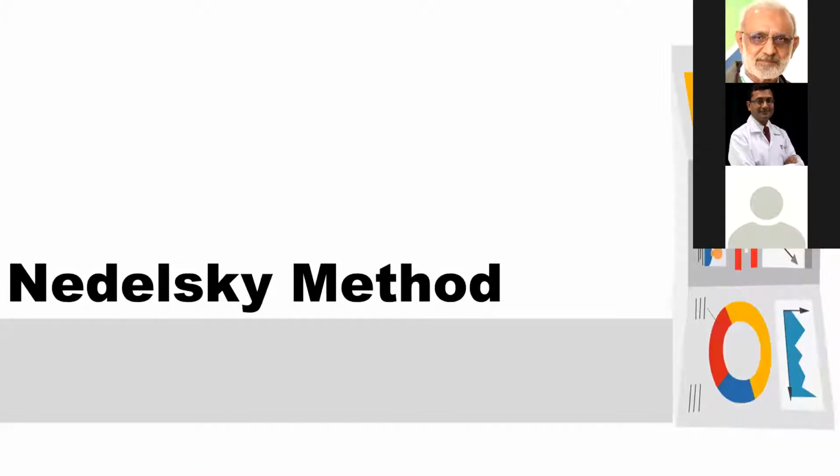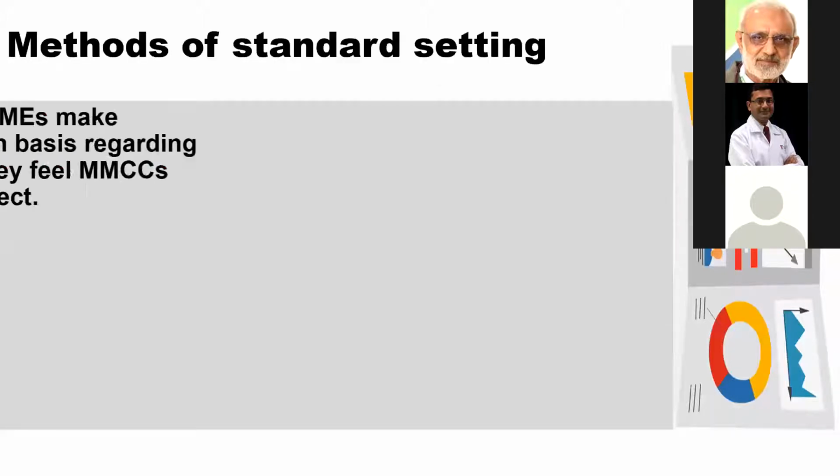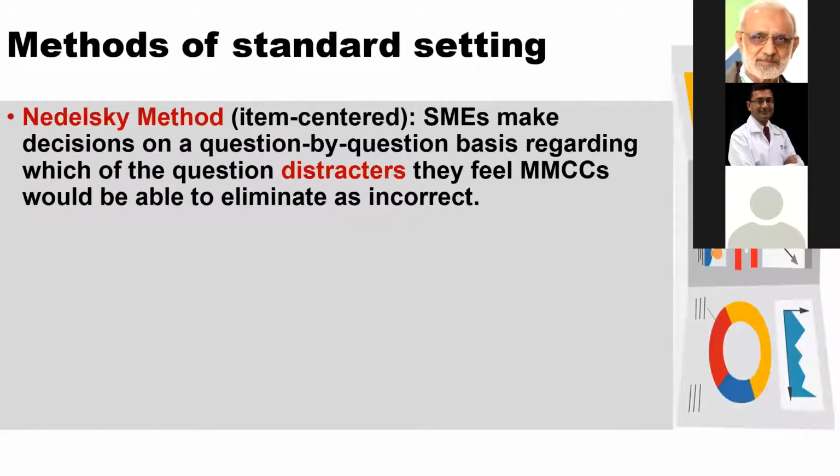Now let's move on to the third method, which is Nedelsky's method. Nedelsky's method is item-centered. In this, SMEs make decisions on a question-by-question basis regarding which of the question distractors they feel minimally competent candidates would be able to eliminate as incorrect.